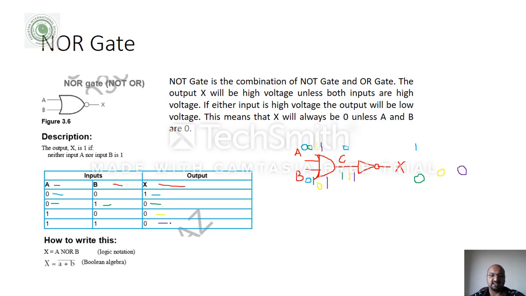In logical notation, the NOR gate is written as X equals NOT of A plus B, our Boolean expression. Now let us see how it works in the simulator, called Logically.